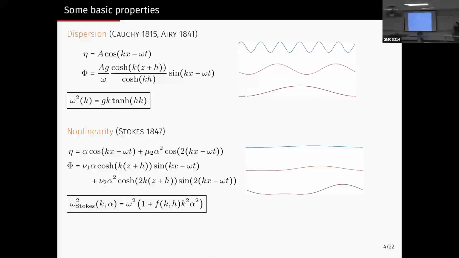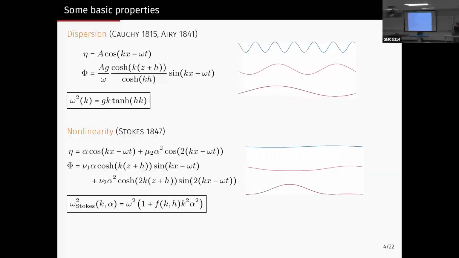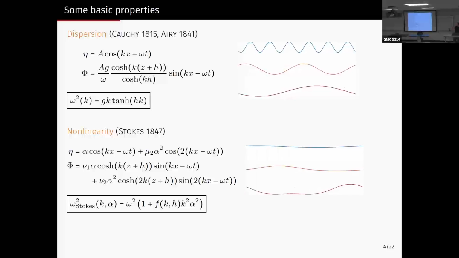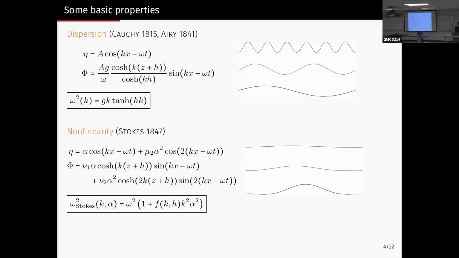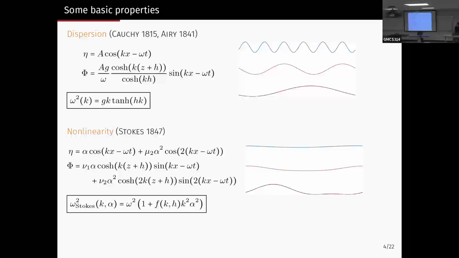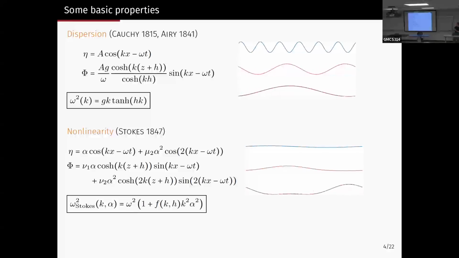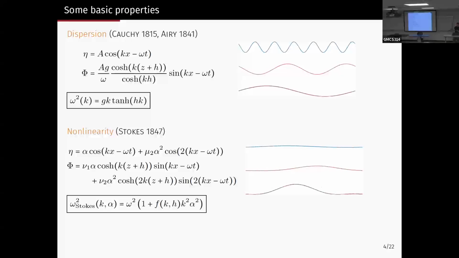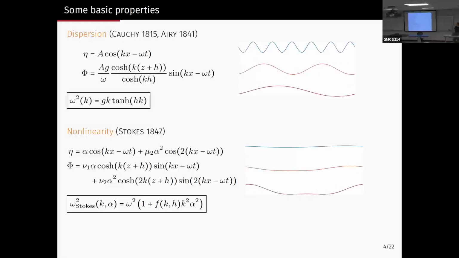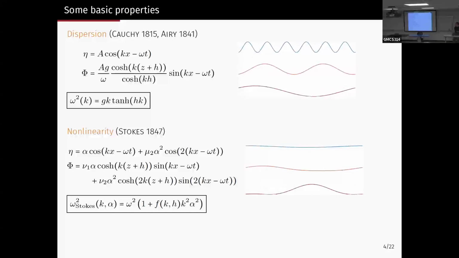So there are two basic things happening in water waves. You have dispersion. This is a very old result from Cauchy and Airy. So if you linearize the problem and you assume that you have plane wave solutions, in order for this problem to be solvable, you get this relation that we call the dispersion relation.